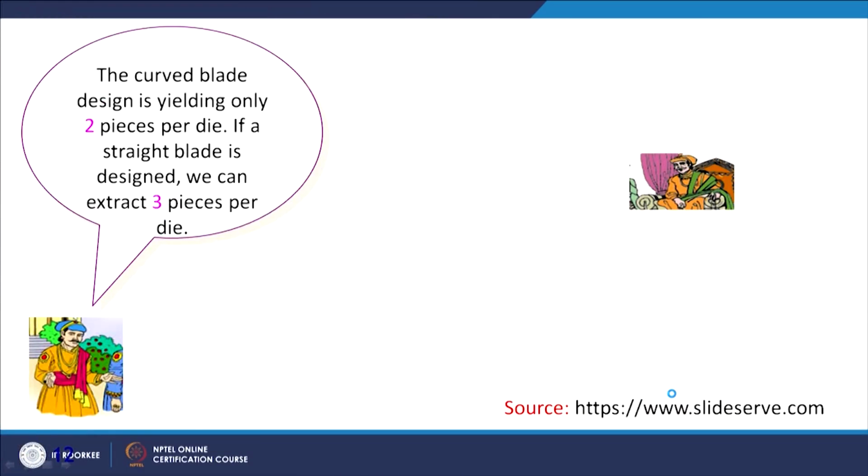Now coming to the next idea, the curved blade design is yielding only 2 pieces per die. In a sheet metal operation, the curved blade design is yielding 2 pieces per die during the manufacturing process. If a straight blade is designed, we can extract 3 pieces per die. So we can try to improve our yield based on the design of the sword.